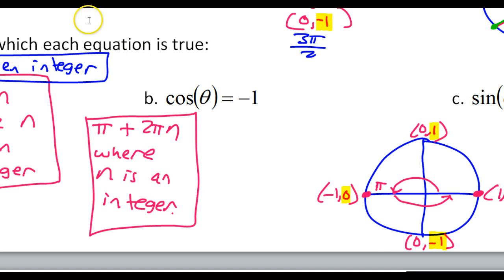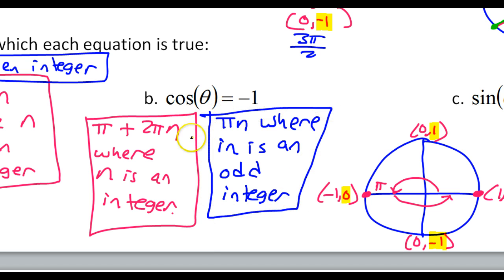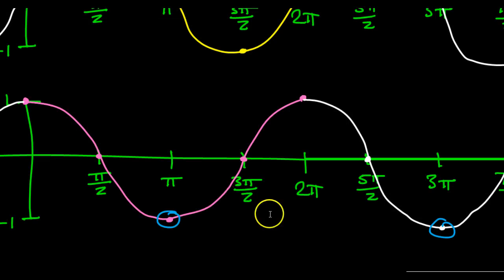So another way of answering this question would have been to say pi n, where n is an odd integer. And this blue way of saying it is more obvious when you're looking at the graph, which I think is what we were supposed to kind of do.